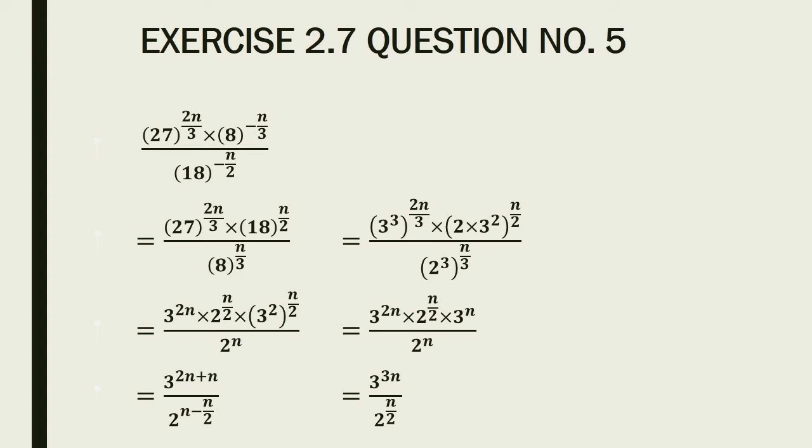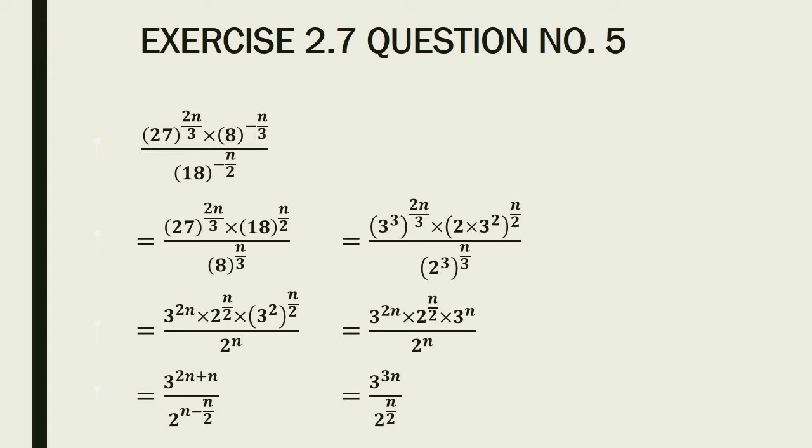Again 27 can be written as 3 raised to the power 3 or 3 cubed whole raised to the power 2n by 3, into 18 can be written as 2 into 3 squared whole raised to the power n by 2, whole over 8 can be written as 2 cubed whole raised to the power n by 3. So we are cancelling something.